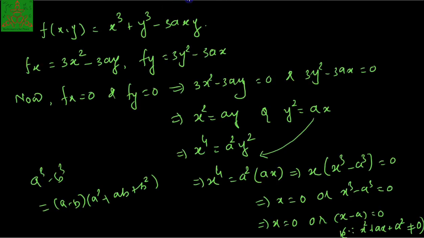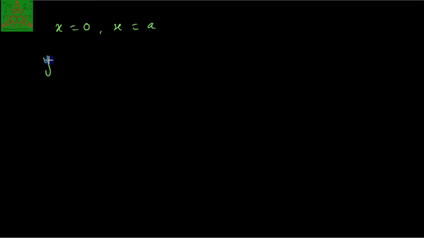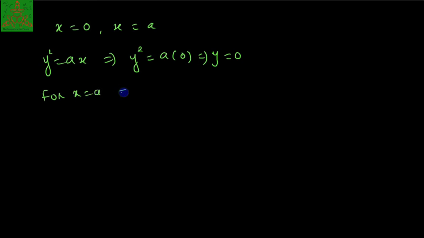Since you have the equation y squared equal to ax, for x equal to 0 that gives you y squared equal to a into 0, so y is 0. And for x equal to a, it gives you y squared equal to a into a, so y squared is equal to a squared, and that will give you y equal to plus or minus a.